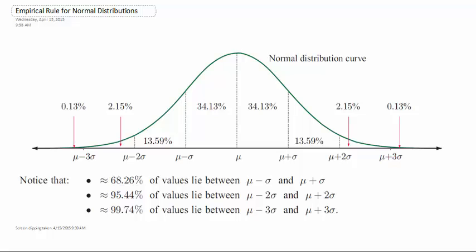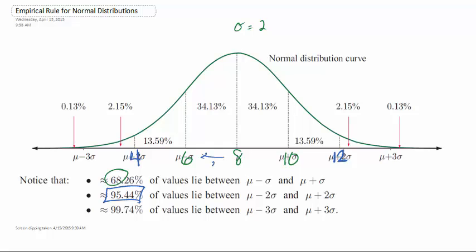So let's say that the mean for this distribution is 8, and the standard deviation is 2. What this empirical rule tells us is that between 6 and 10, 68% of the data will be there. Between 4 and 12, we should expect to see 95% of all of our data.